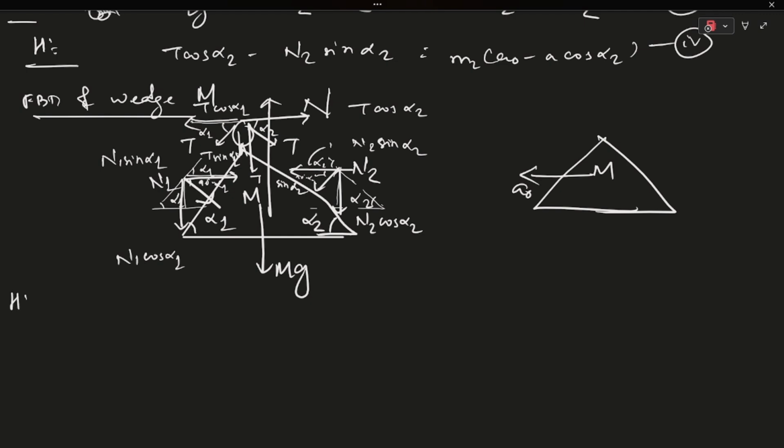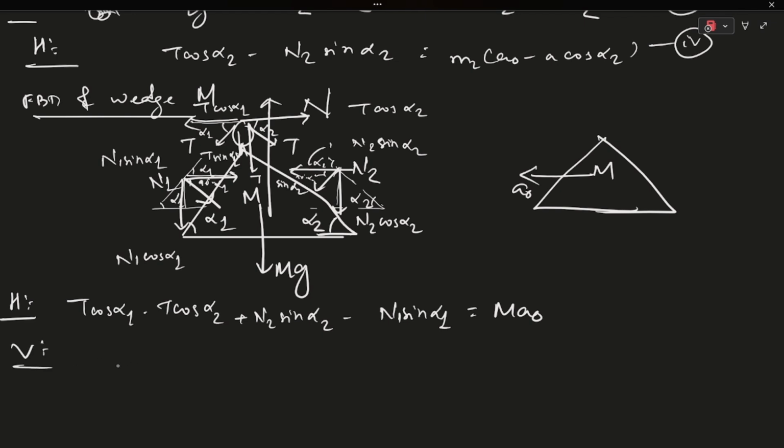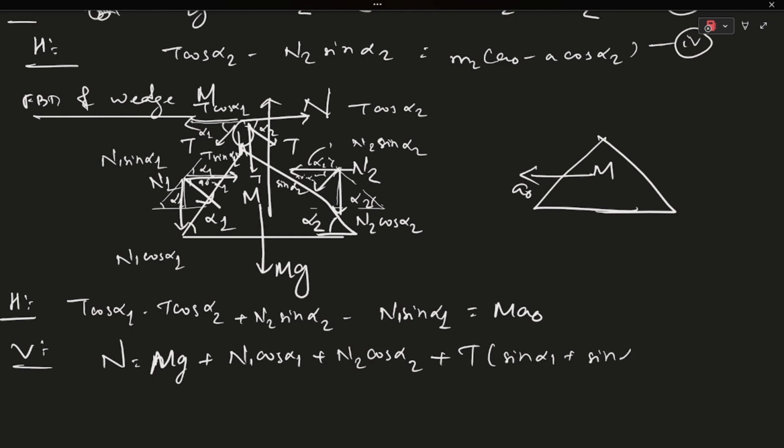Now I am writing the horizontal equation. So this will be T cos alpha 1 minus T cos alpha 2, now the normal components, plus N2 sin alpha 2 minus N1 sin alpha 1 equals M a naught. The vertical force equation will be N equals Mg plus N1 cos alpha 1 plus N2 cos alpha 2, plus T into sin alpha 1 plus sin alpha 2.